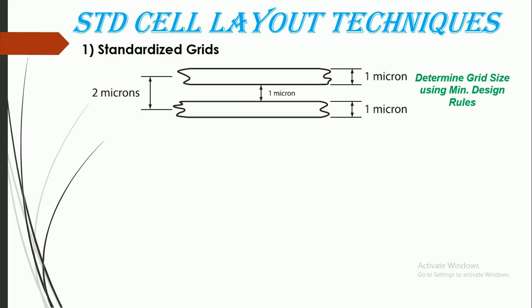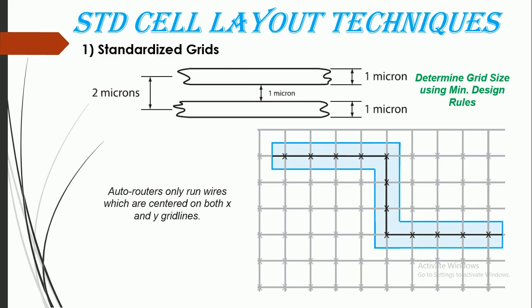Yes, remember that. And as I said before, whatever we do is for the place and route tool. So for the auto router to recognize the wires and put the wires for the connections, the metal should be placed on the grid, and there are conditions on this.